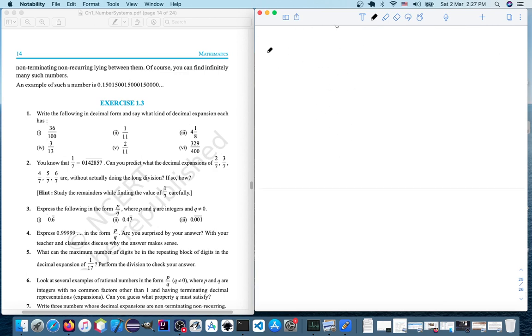What does 2 say? You know that 1 by 7 is this thing. Can you predict what the decimal expansion of 2 by 7, 3 by 7, 4 by 7, 5 by 7 are without actually doing the long division? If so, how? Yes. So we know that 1 by 7 equals 0.142857 bar. So 2 by 7 will be 2 multiplied by 1 by 7.